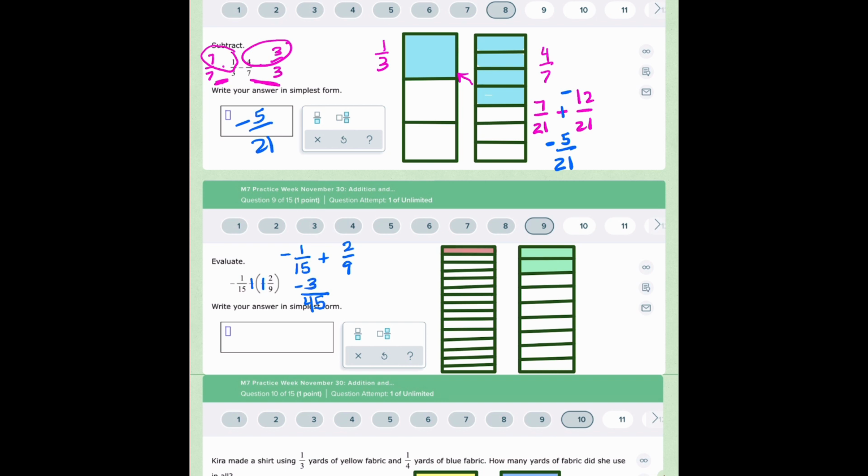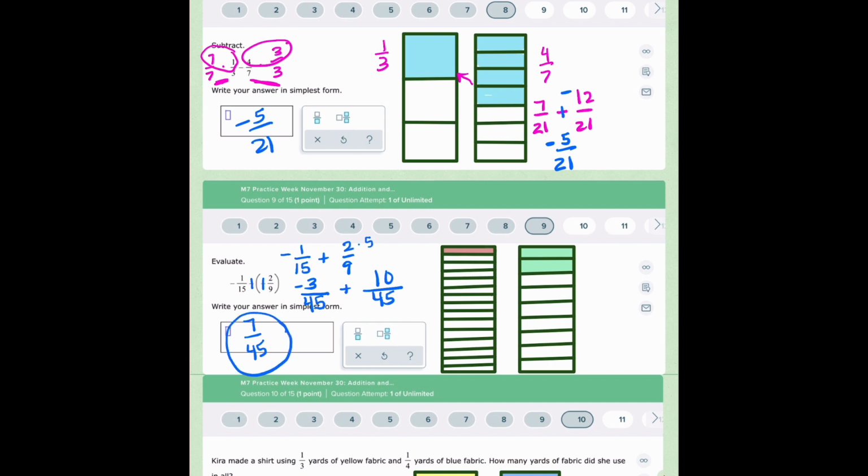I'm going to have a negative 3/45. And then I'm going to use 45 on the bottom. 9 times 5 is 45, so I have to do times 5 on the top. I get a 10. Negative 3 and a positive 10 is actually going to give me a positive 7 over 45. I don't think you can simplify that. Should be good.